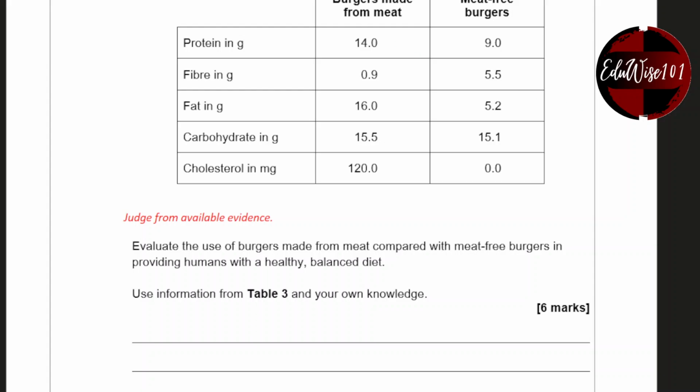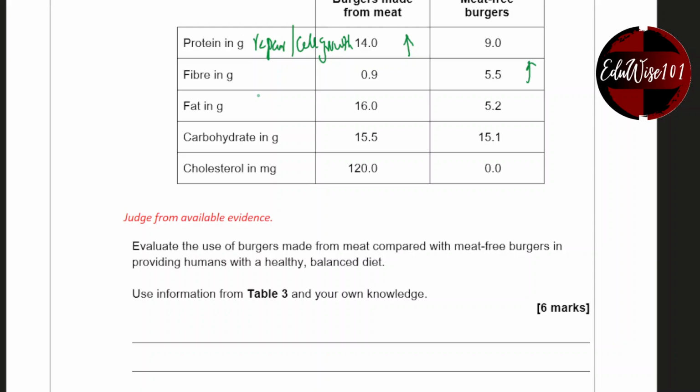Protein, which you need for cell growth, to produce new cells and for repair, is high in the burgers made from meat and low in the meat-free burgers. Fiber is high in the meat-free burgers. Why do you need fiber?